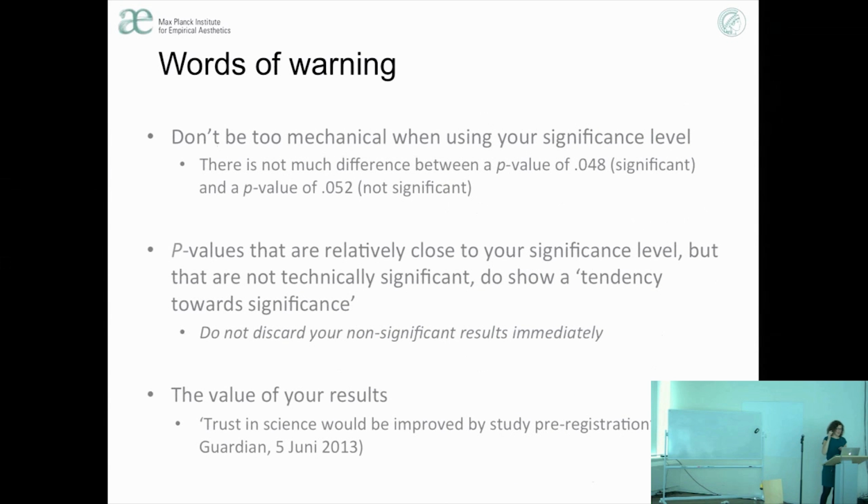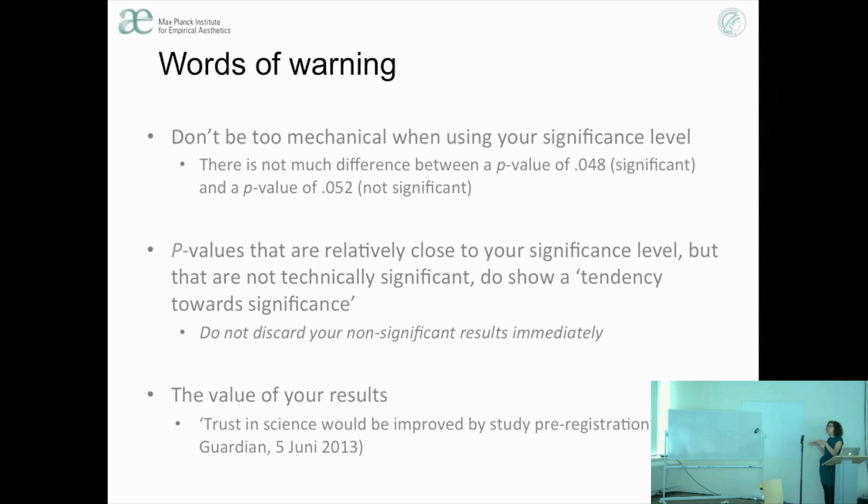Okay, words of warning about marginally significant results, amongst other things. Like I said before, there is not much difference between a p-value of 0.048, which would be significant, and a p-value of 0.052, which would be non-significant. So what I would like to stress is that you shouldn't be too mechanical when you're using a significance level.